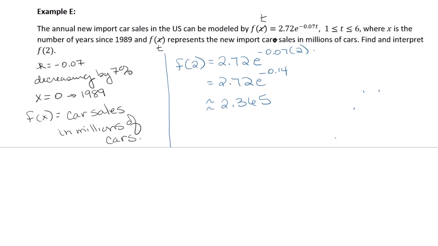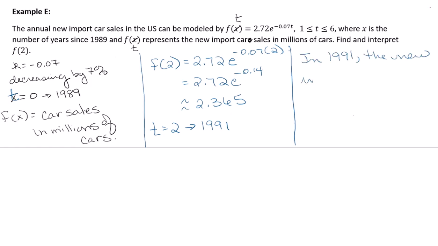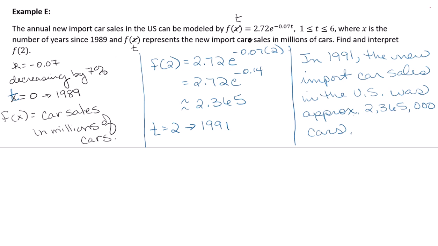So if our x or t equals 2, that's 2 years after 1989, which would be 1991. So we can say, in 1991, the new import car sales in the US was approximately 2,365,000 cars.